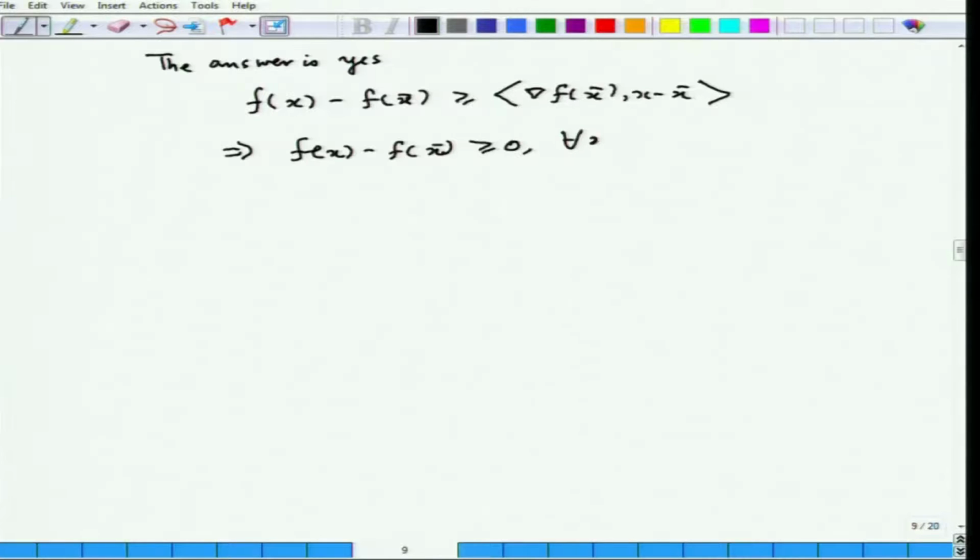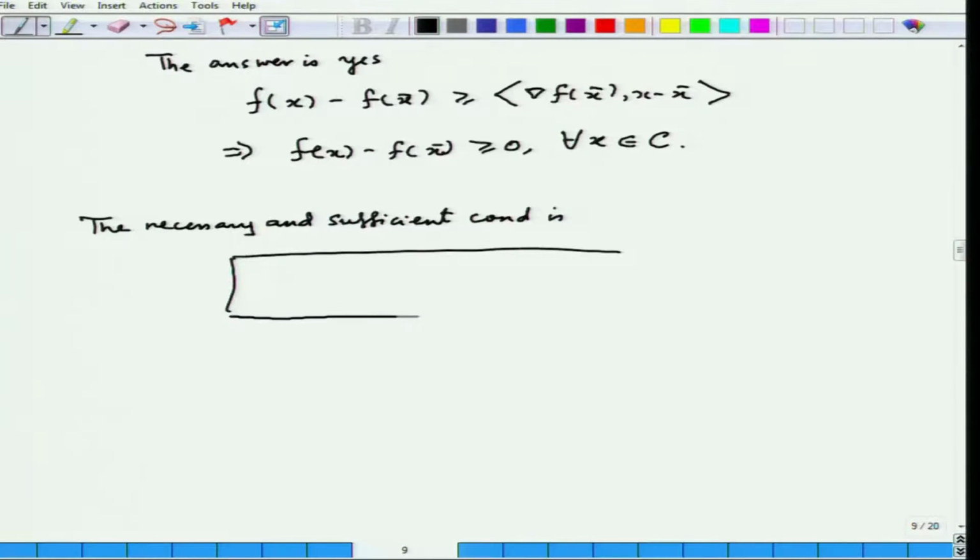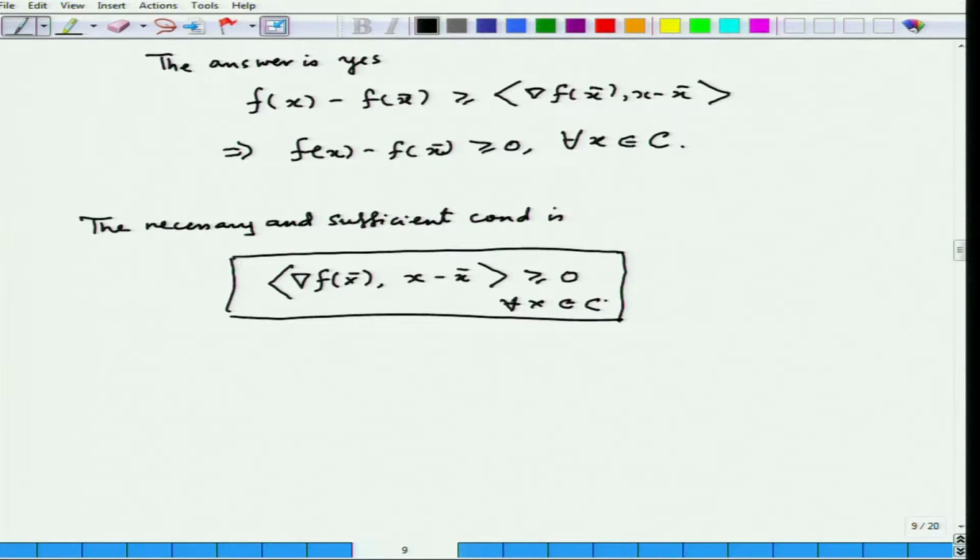So, the necessary and sufficient condition is the following. x bar is a global minima of a convex programming problem CP if and only if this holds for all x element of C.